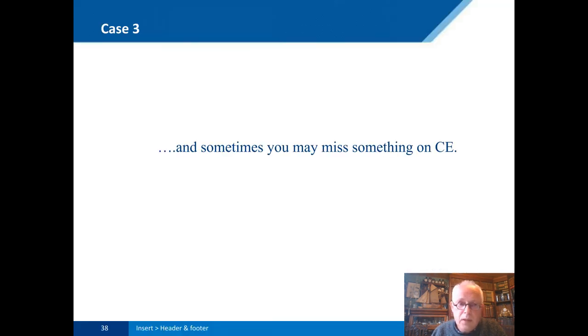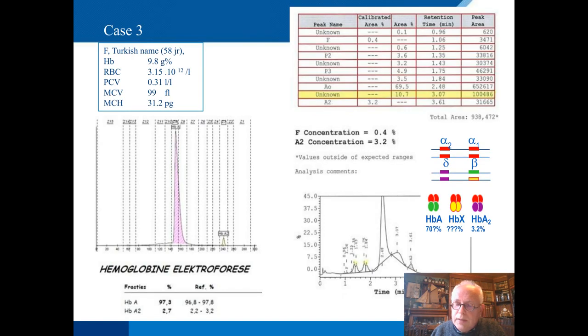But it could also be the other way around, unfortunately. So something like this, you can see a completely normal capillary electrophoresis pattern, and now the HPLC shows something strange. And this is the hemoglobin Santa Guana.